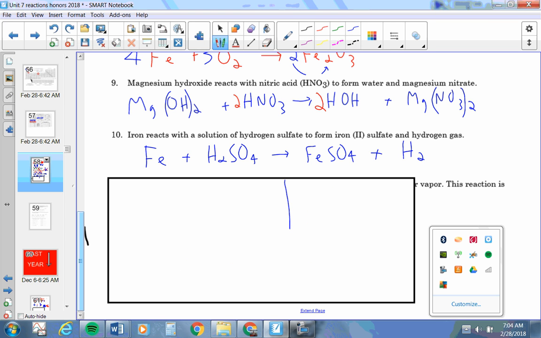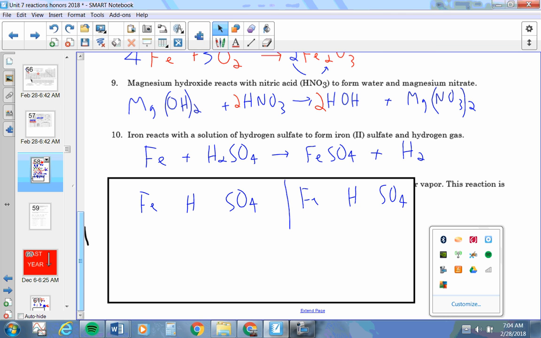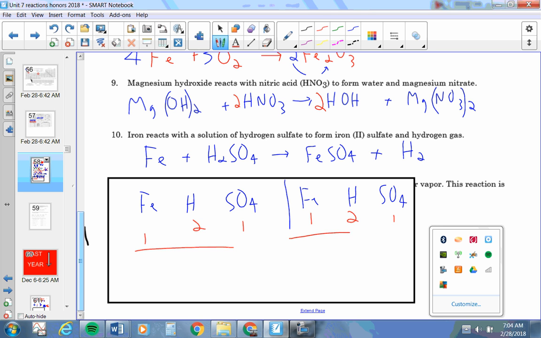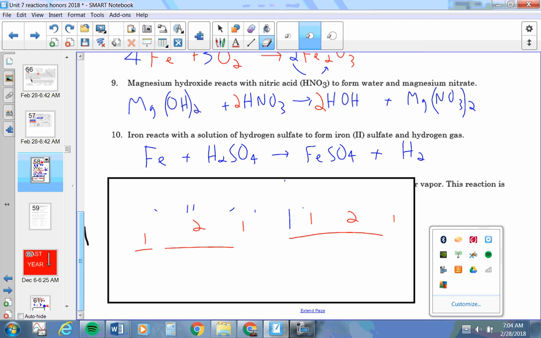I'm going to be counting Fe's, H's, and SO4's because they stick together on both sides. On the left, I see 1, 2, and 1 versus 1 Fe, 1 SO4, and 2 hydrogens. 1, 2, 1, 1, 2, 1. Looks like that's already balanced. I like that.